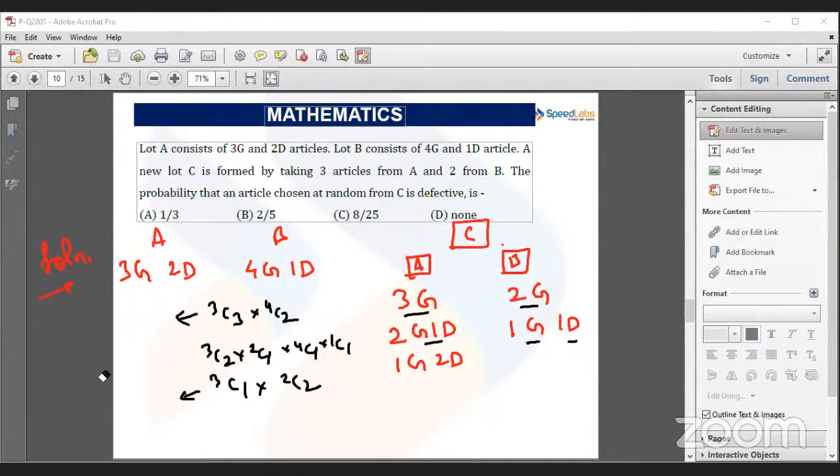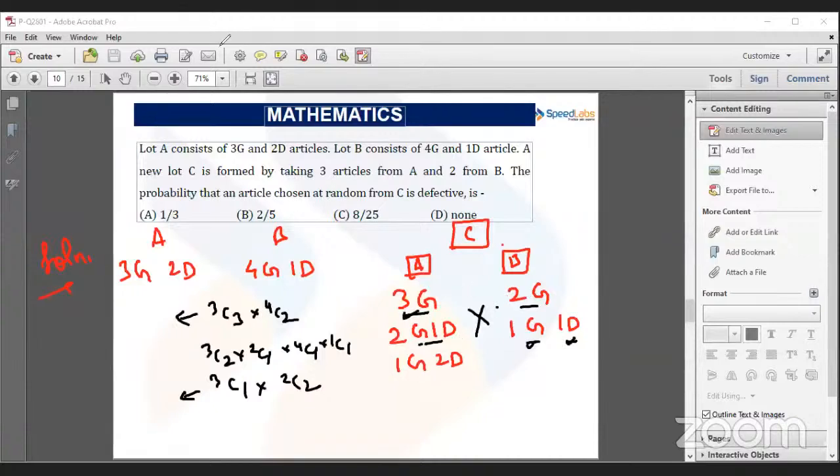So total number of articles to be selected is 5, and from A the total ways of choosing 3 are 3 good, 2 good 1 bad, and 1 good 2 bad. And from B the ways of choosing are 2 good, and 1 good 1 bad. Total 5, so there will be a cross here as well, because it can be 3 good from here and 1 good and 1 bad from here.